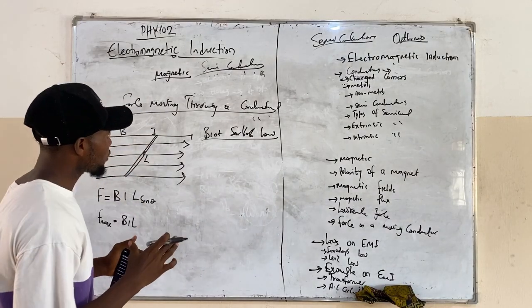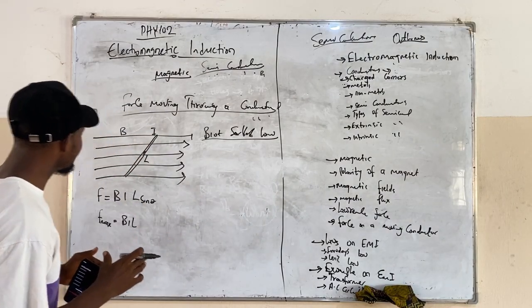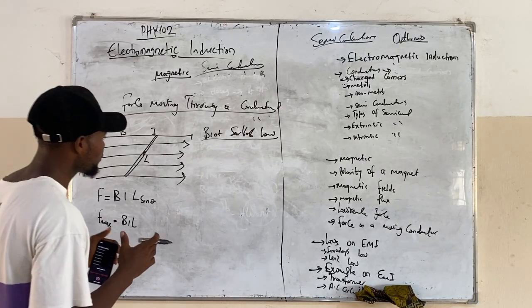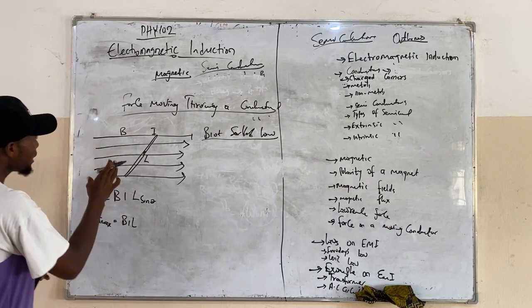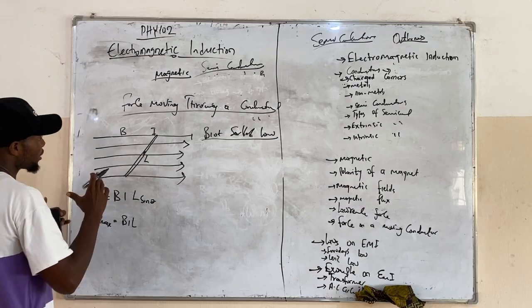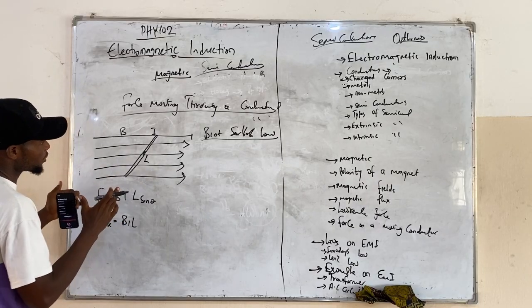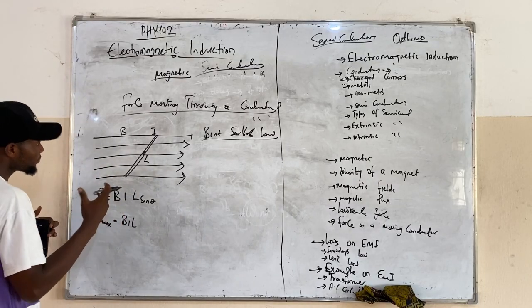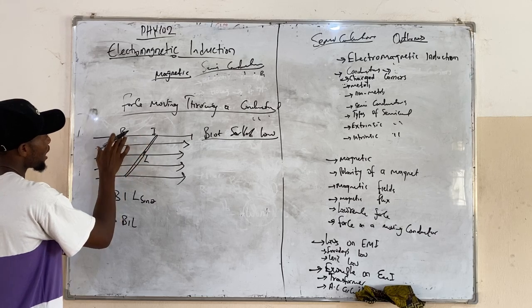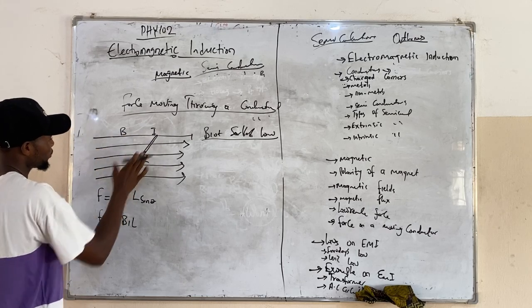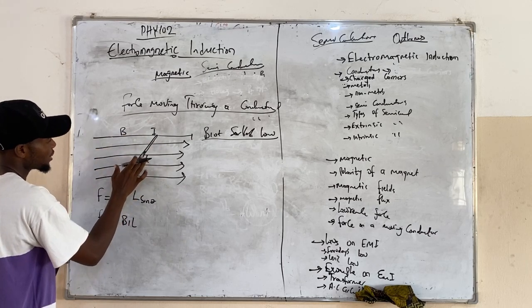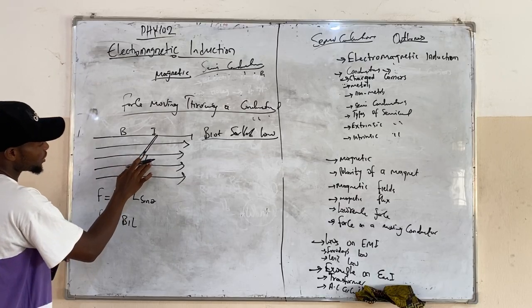This Biot-Savart force actually refers to the magnetic fields. I told you the magnetic fields, the area of space around the magnet where the magnetic tendencies are felt, right? So now it has a conductor, which is measured using this very length, and there's an angle obtained.